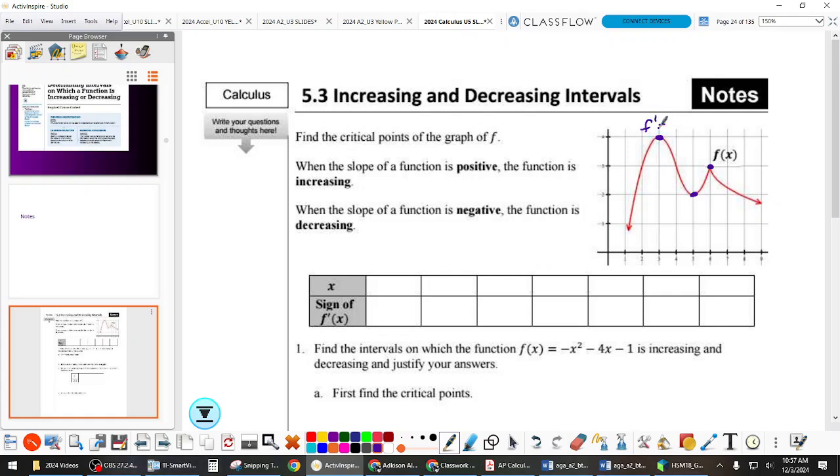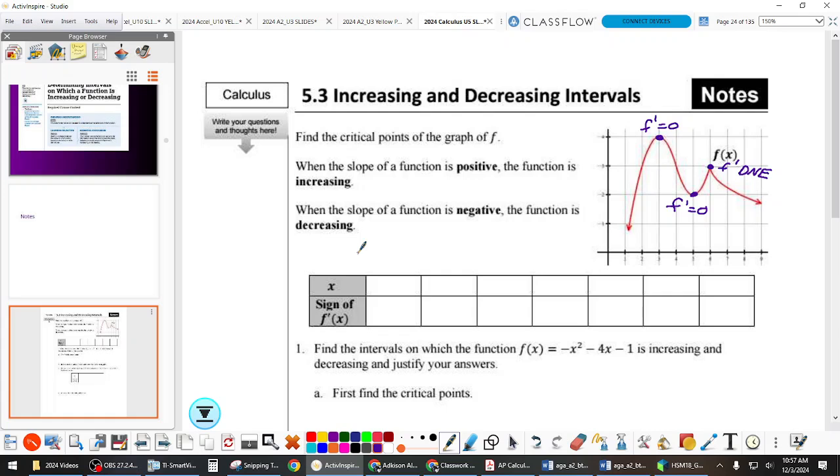So f prime equals 0 or it doesn't exist, then that's a critical point. Yeah. Okay, so then it would be the 6. Good. So where the derivative doesn't exist is still a critical point. And what would you call that if we were just naming? It's still a local max, right? It could be a local max.